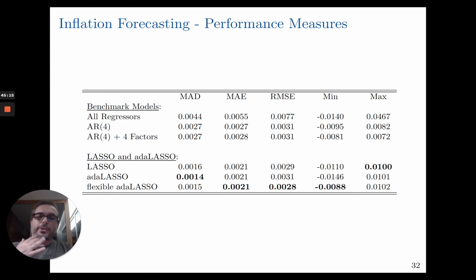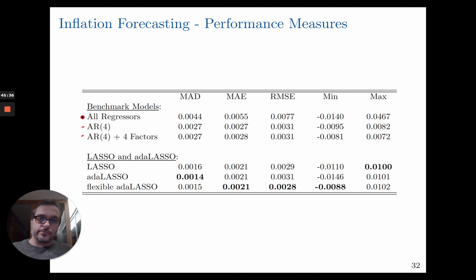And basically what we can show here is that adaptive lasso and lasso do much better in terms of all these measures as compared to benchmarks that include all regressors, an AR4, or factor models, okay?